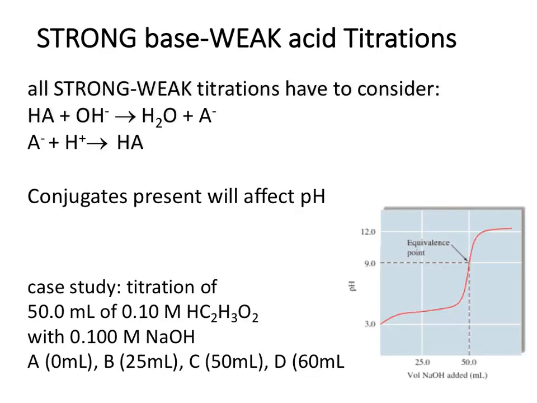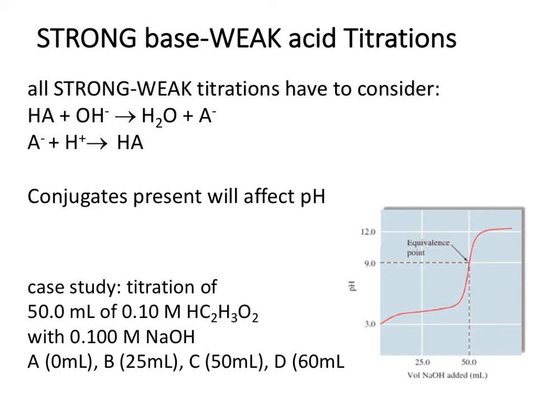Depending on the strong-weak titration that you're considering, please remember that the weak acid or weak base present in solution is going to react with the titrant to produce either a conjugate base or a conjugate acid. And remember that we have to consider the changes that occur based off the conjugates produced from weak acids and bases.